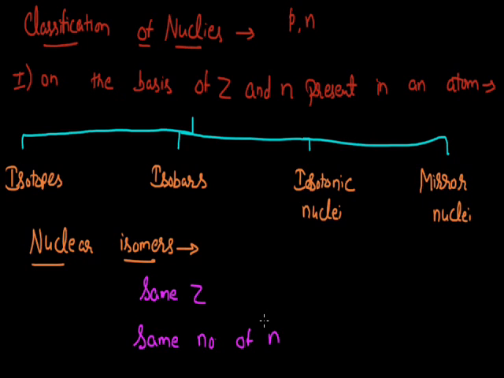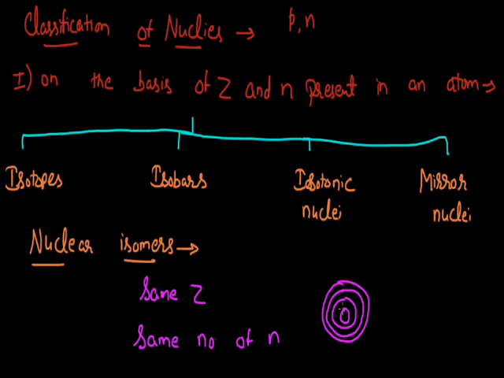Same as we do for the arrangement of electrons in an atom, we consider that there are circular paths around the nucleus in which these electrons keep on revolving. The same kind of arrangement is also considered for the nucleus, and inside the nucleus there are circular paths in which these nucleons, that are protons and neutrons, remain situated.